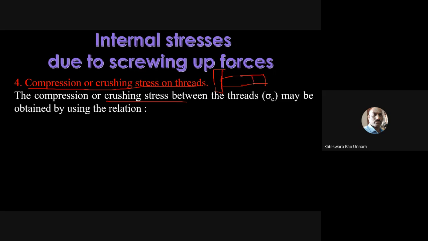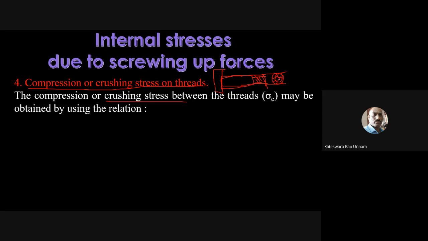This is the threaded portion, and this is the shank portion. In the threaded portion, you need to take the shortest dimension, that is DC. The shank diameter is going to be the outer diameter, and the projected area is a hollow circular cross section, something like this.